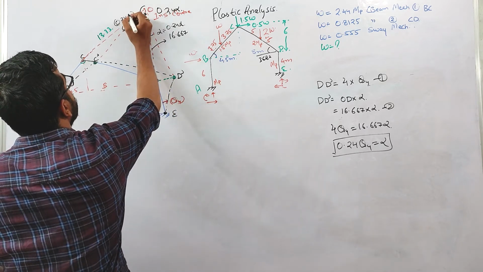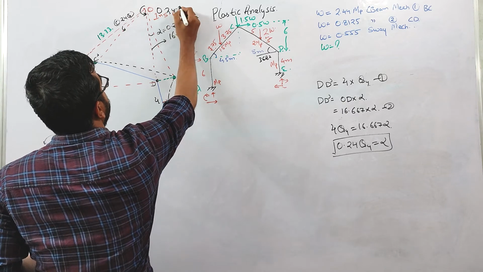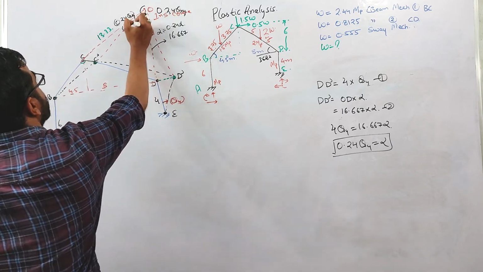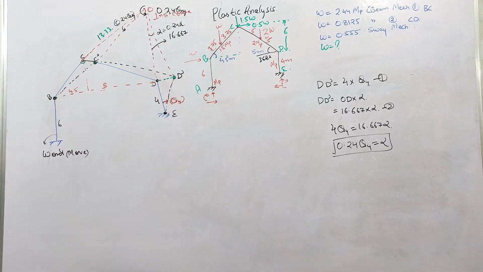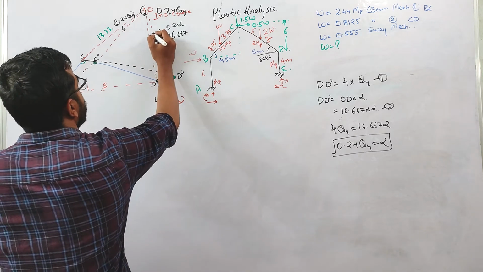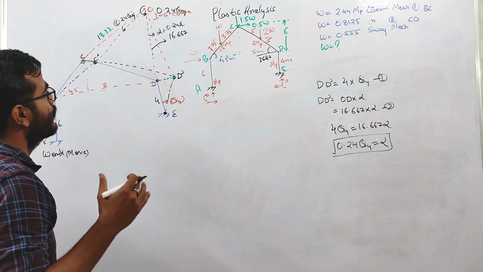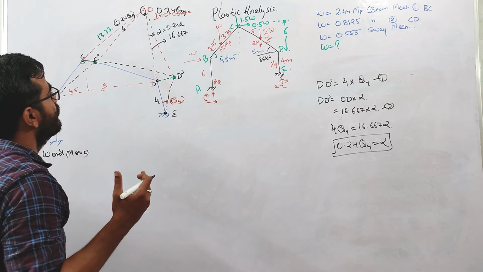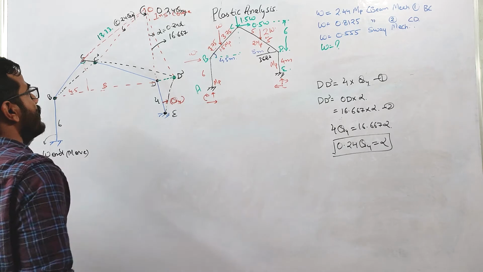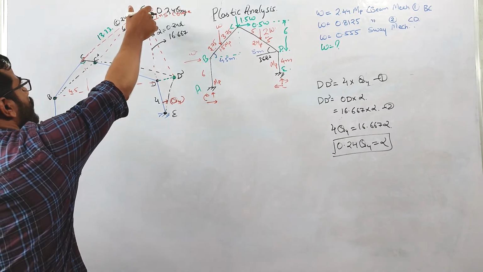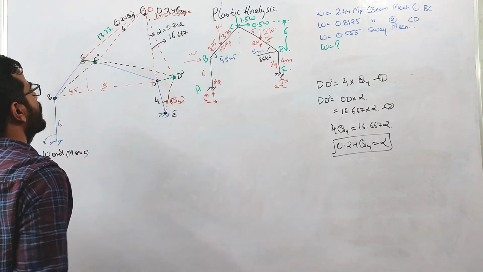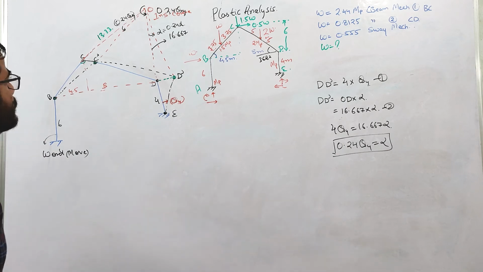Sorry, this is theta 4. Because this member as a whole is rotating by an angle 0.24 theta 4 with respect to this center. Right?